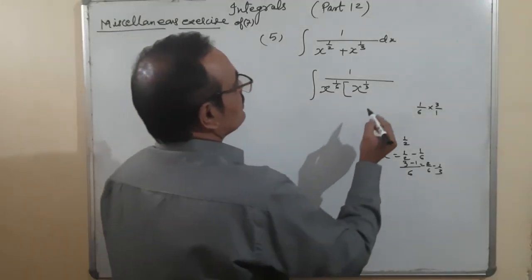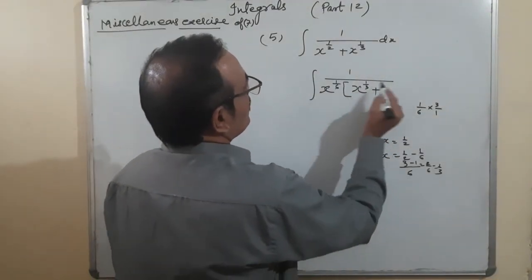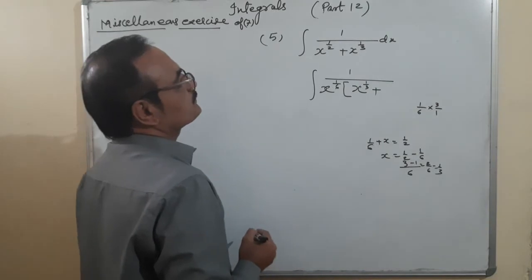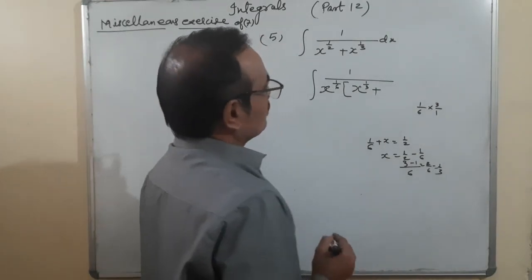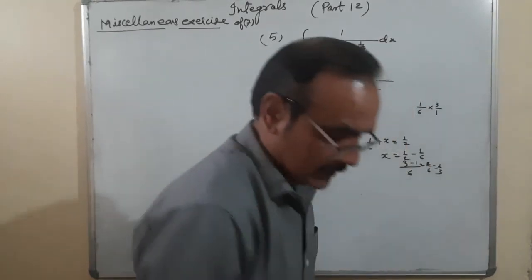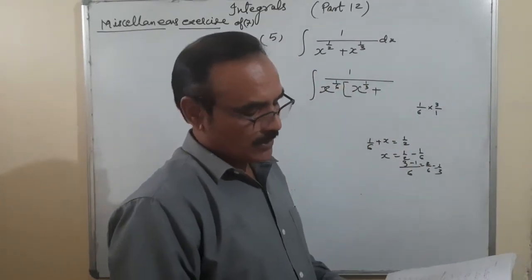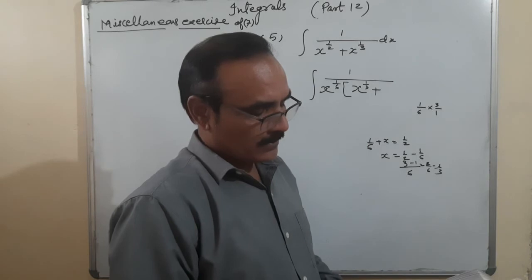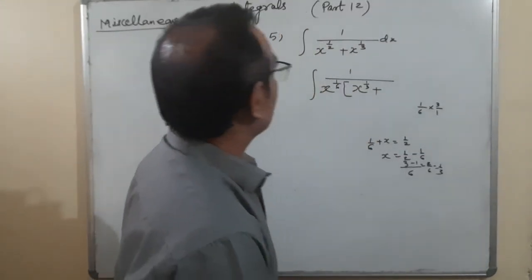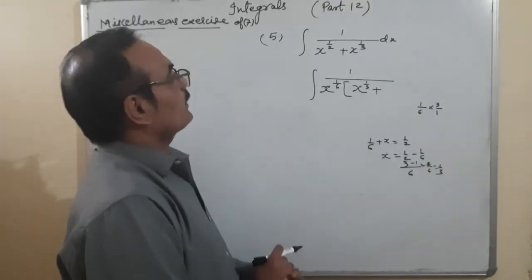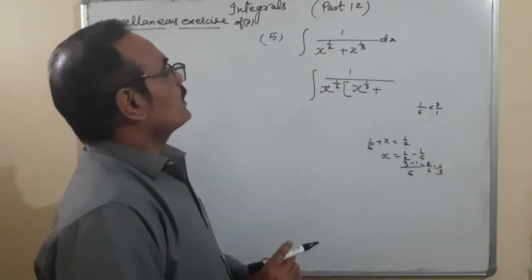1 by 3 plus, what should I write here? I can use the term as, it's given that x to the power 1 by 2 and 1 by 3. So that is the best way if one of them will be converted into that form. 1 by 2 and 1 by 3.